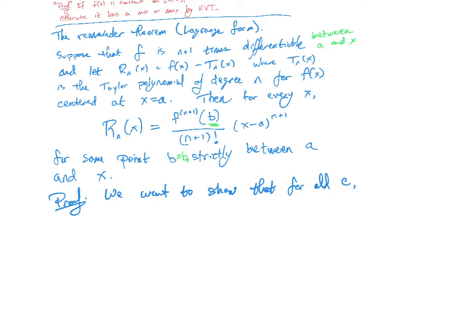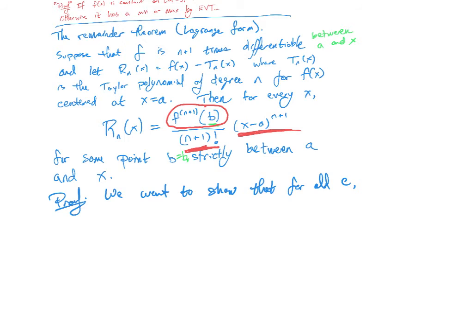And therefore, if you can bound the n plus first derivative of f, then you'll get a bound on the error in the Taylor approximation. And the bound will be in terms of how far away you are from the center, and then you're dividing by this factorial, and it's really good that you're dividing by a factorial because factorials grow super quickly.